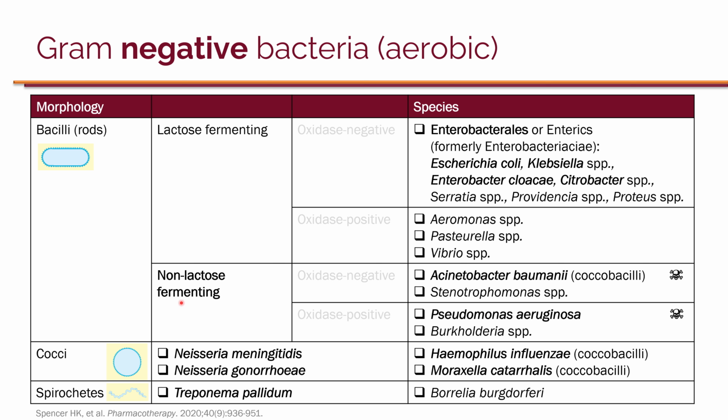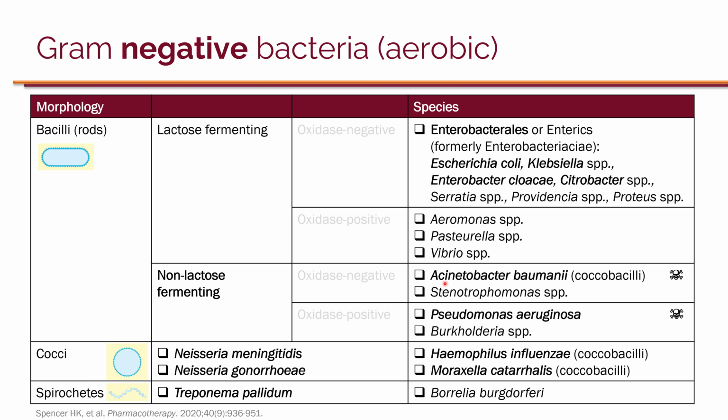The reason this is clinically helpful is that these non-lactose fermenting organisms are highly capable of developing resistance to antibiotics. Specifically, Pseudomonas aeruginosa is a very virulent organism. Not only can it cause very severe infections, but it can also develop significant resistance to our antibiotics.